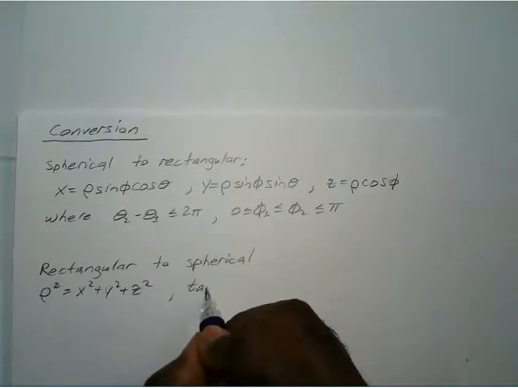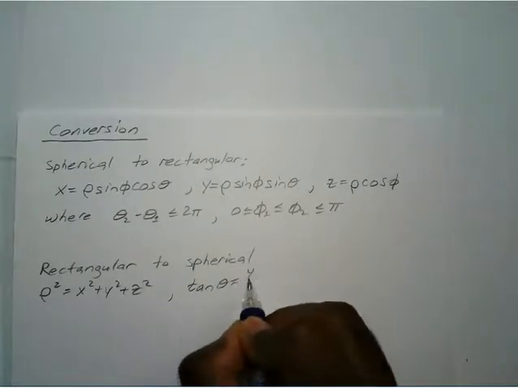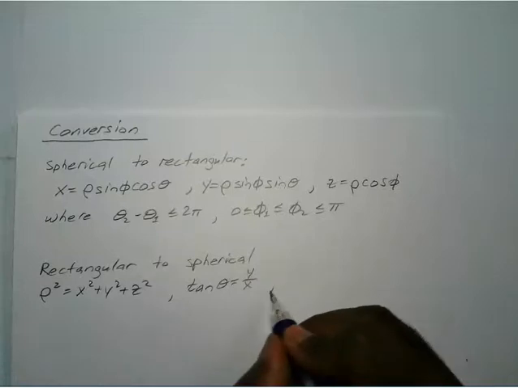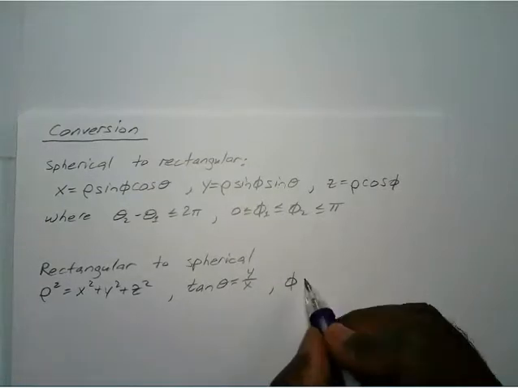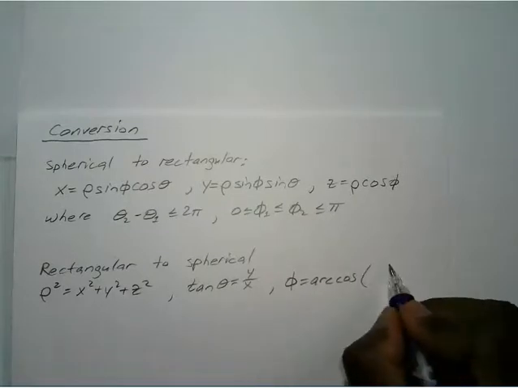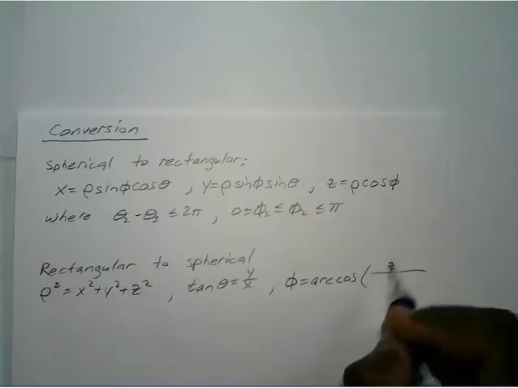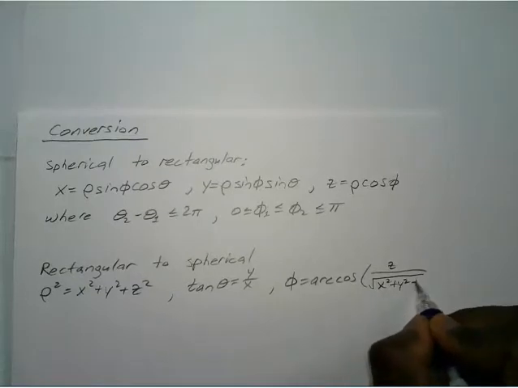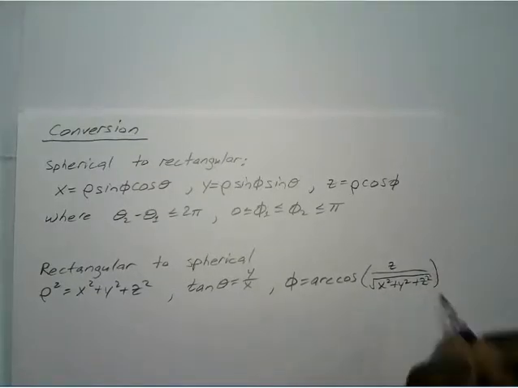Of course, we know our tangent of theta is equal to y over x, same as our cylindrical. And phi is equal to the arc cosine of z over the square root of x squared plus y squared plus z squared.